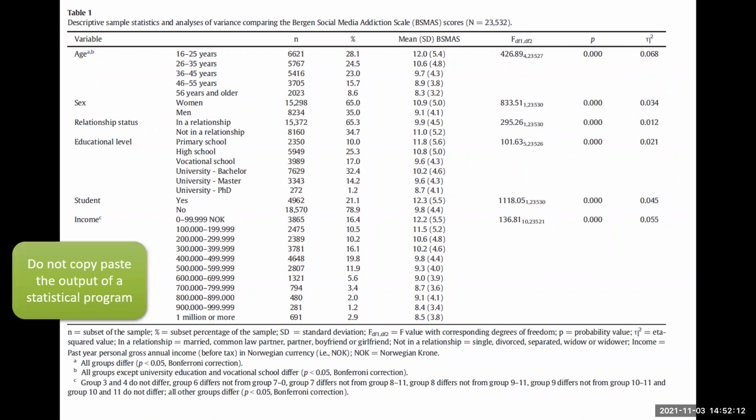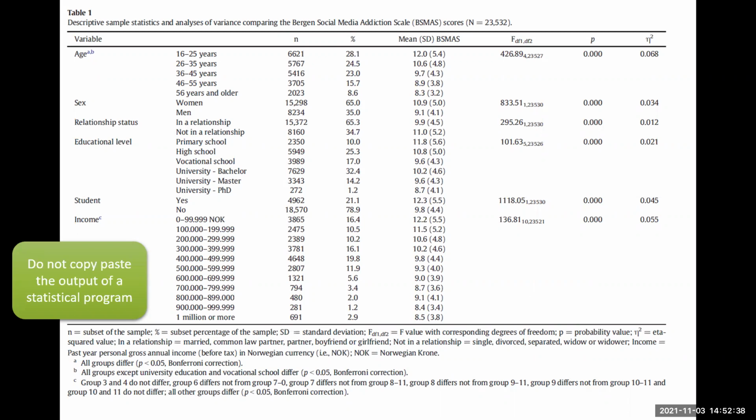The big message here is do not copy paste the output of a statistical program. You should write each value, type it in yourself. So you should have two windows side by side, and in your Word document, you should be typing each value or copy pasting each value one by one, because the statistical programs will not give you this kind of an exact output.